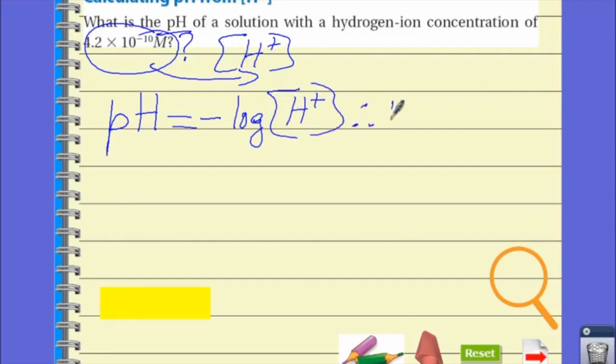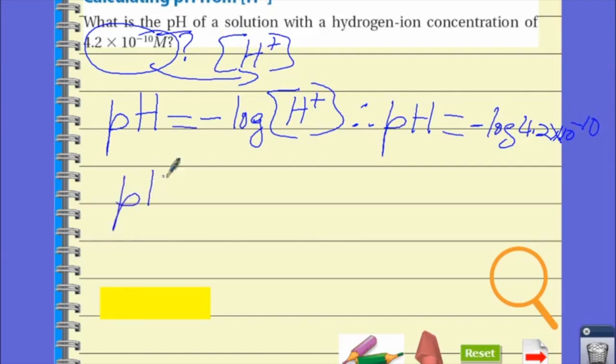Therefore, pH equals the negative log of 4.2 times 10 to the negative 10. Therefore pH equals what? 9.38.